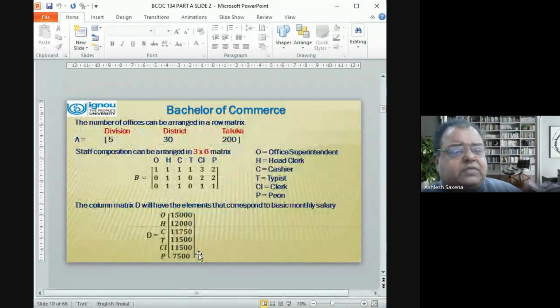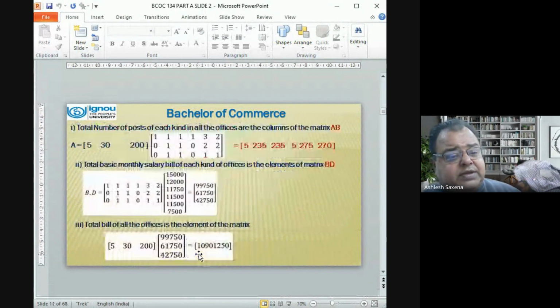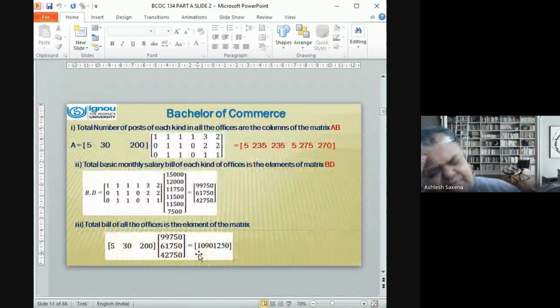This is what has to be understood. How this has been transformed. And after that, the multiplication. I told you multiplication will be performed in almost every question. So for that, you have to remember that multiplication is done from left to right into top to bottom.